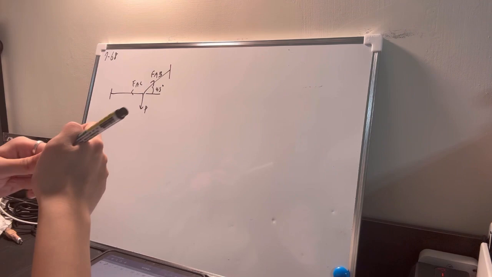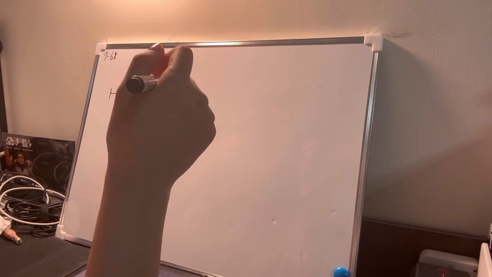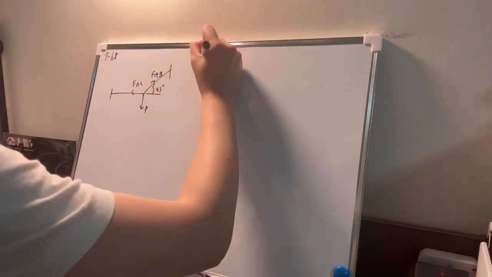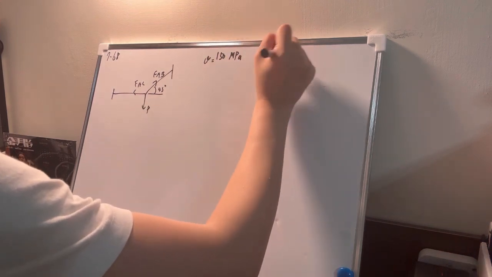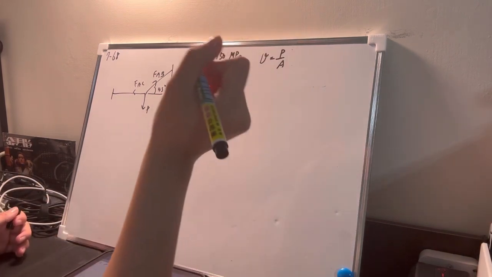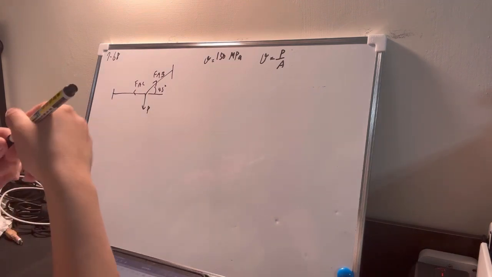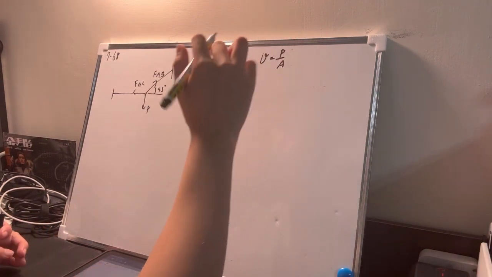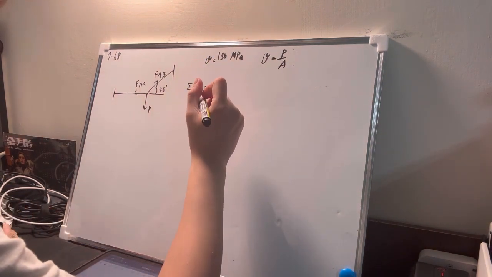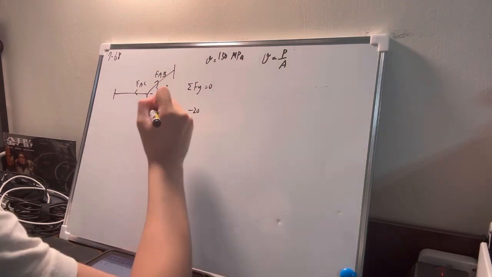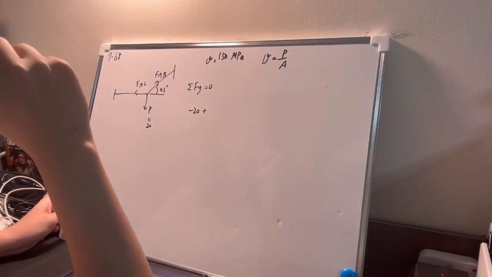And then this question is asking us to determine the required diameters, and it also gives us that the stress is equal to 150 MPa. So we can use the function P over A here, but we have to know the area so we can know the D. We start from the P here first. If the summation Fy is equal to 0, then minus 20, P is 20, and the angle is 45.